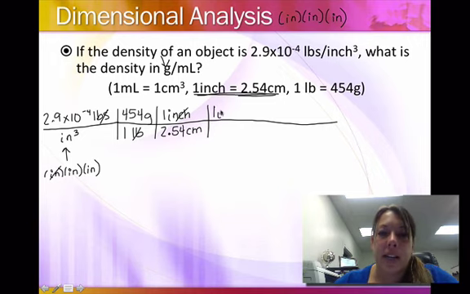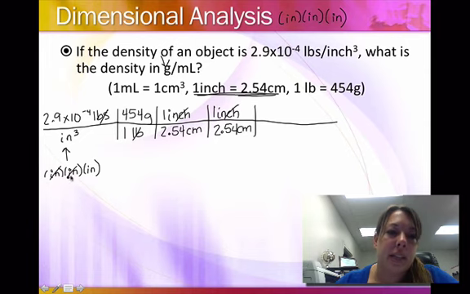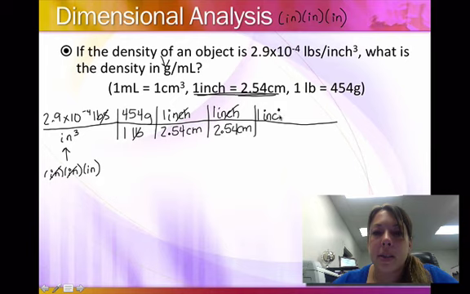So I've got to do it again. And I put the exact same thing in because I'm still trying to get rid of these inches, and then I have to do it one more time. So because it was cubic inches, I had to use that conversion factor 3 times.